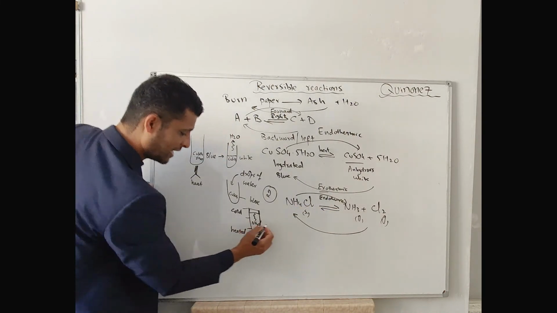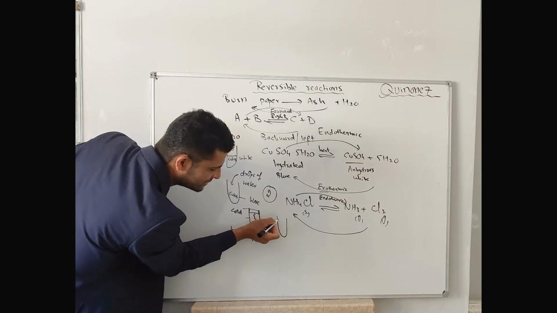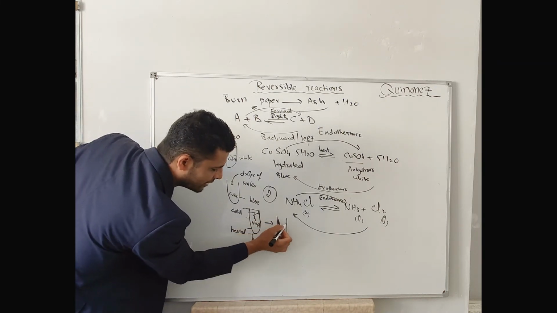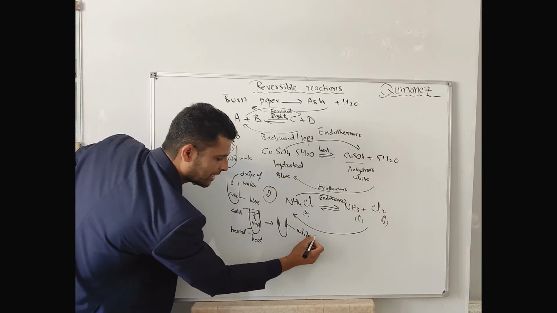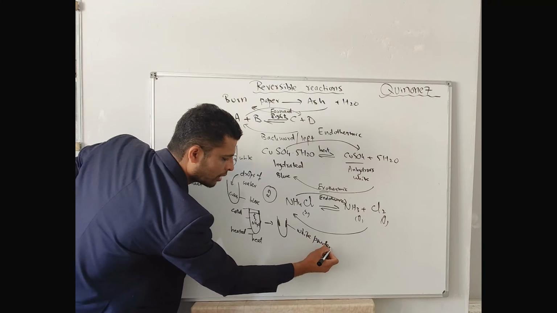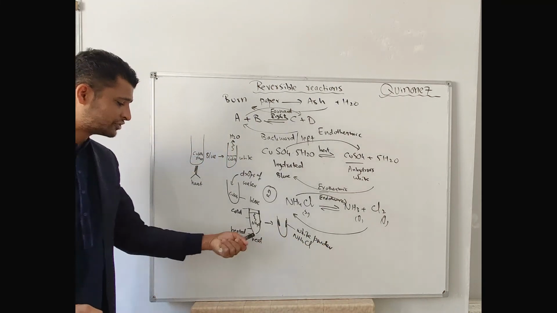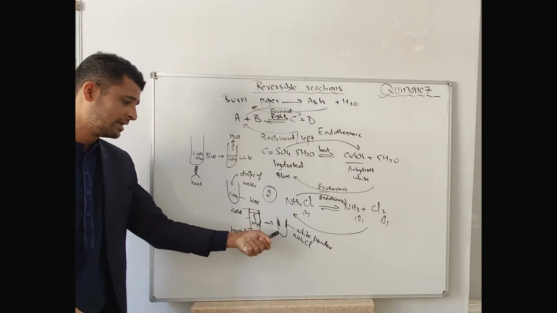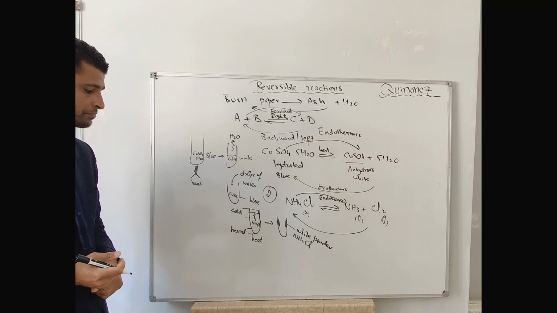Now in this test tube, after the heating up, you will see some white powder deposited there, which is ammonium chloride, which was present at the bottom at the start, and then it's gone and it's deposited on the side of the tube.